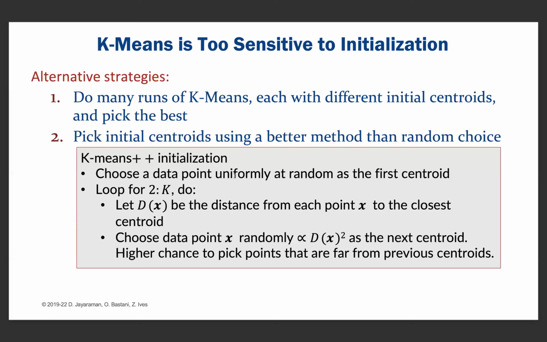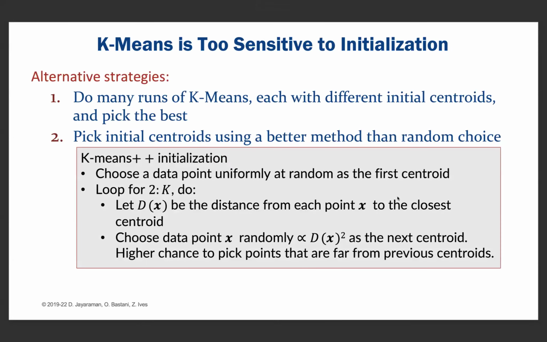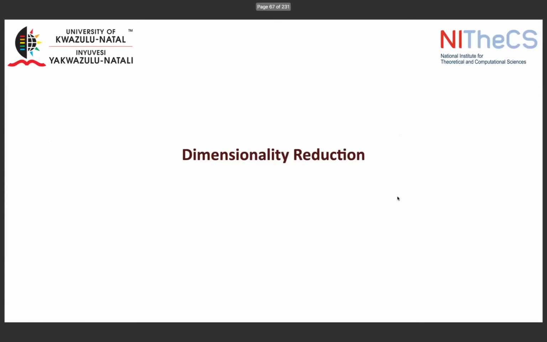We can choose a data point uniformly at random as the first centroid, and then for all the rest, choose points based on distance to the existing centroids. So we can do this strategy sequentially. But again, you try and you see if it works. If it doesn't work, you go for the next method.